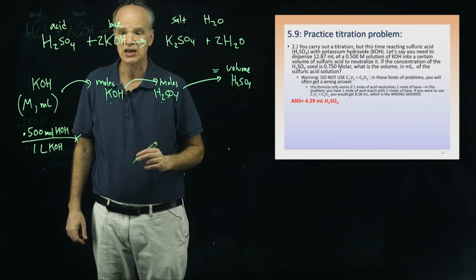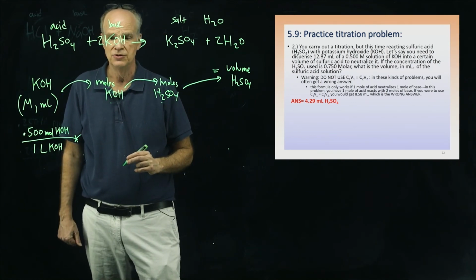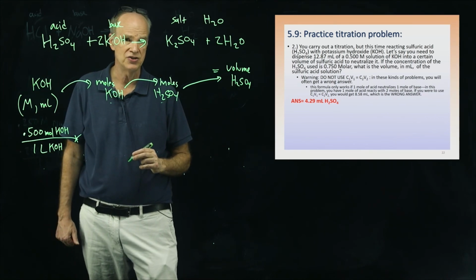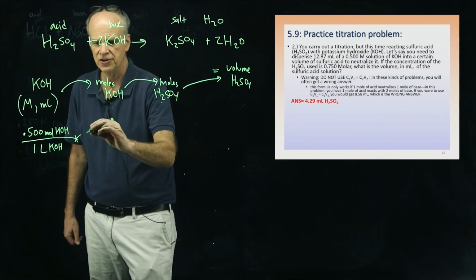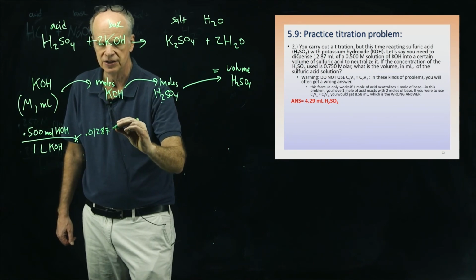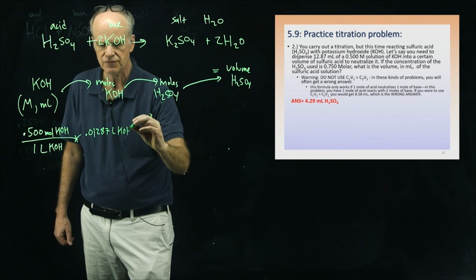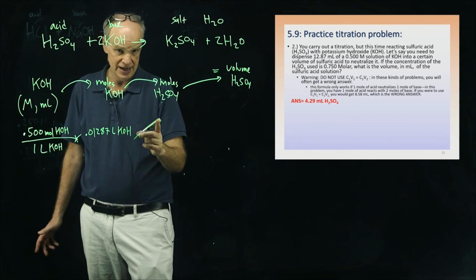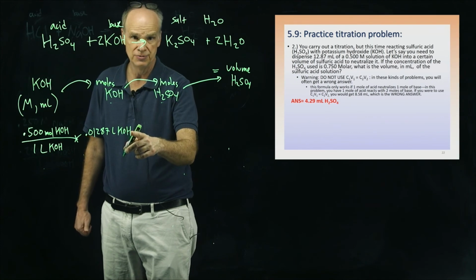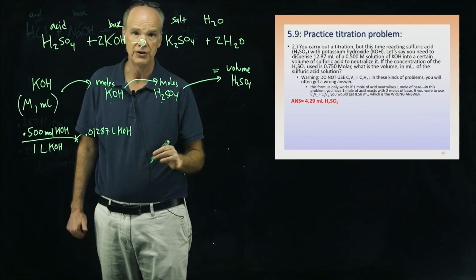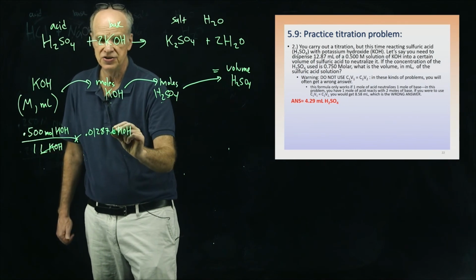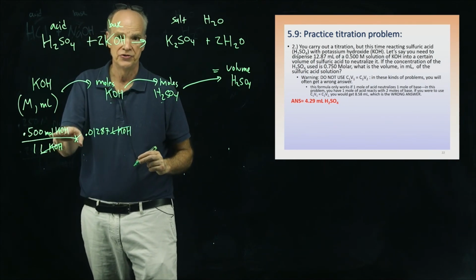In the problem, it looks like we dispense 12.87 milliliters of KOH. Let's just convert that to liters. So it's going to be 0.01287 liters KOH. As I mentioned before, it is okay if you have a number here just in the numerator without a denominator. That's perfectly fine. You can do that in factor label problems. So you can see that the liters KOH cancels out. Now we're at moles of KOH.